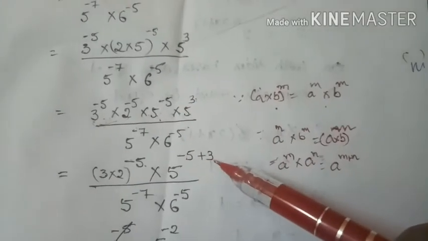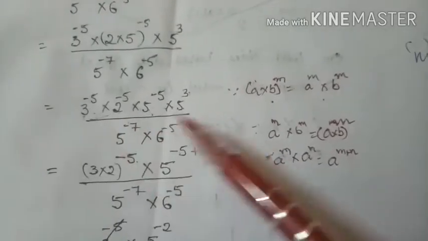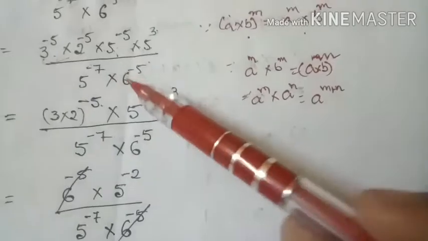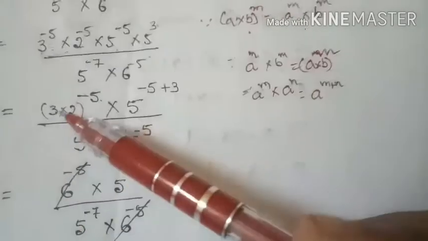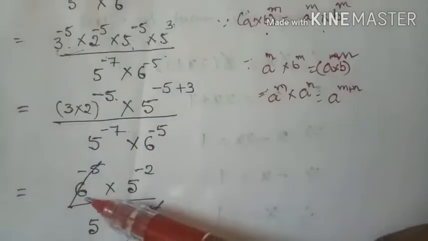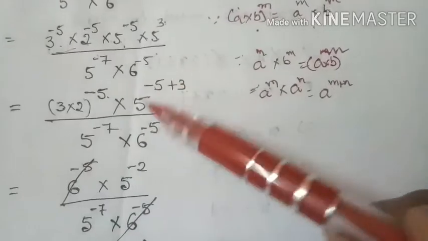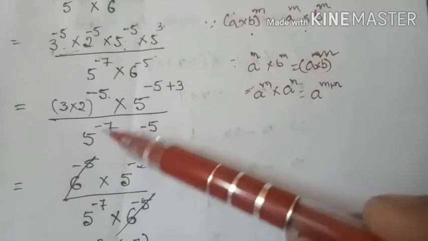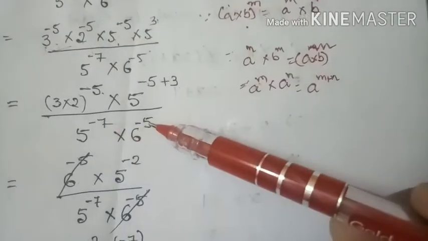So (3 into 2) whole to the power of minus 5 into, here bases equal, so 5 power of minus 5 plus 3, whole divided by 5 power of minus 7 into 6 power of minus 5. So here 3 into 2 is 6, 6 power of minus 5 into 5 power of minus 2, whole divided by 5 power of minus 7 into 6 power of minus 5.